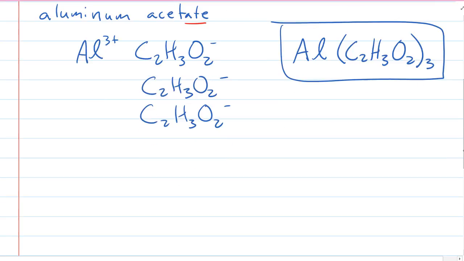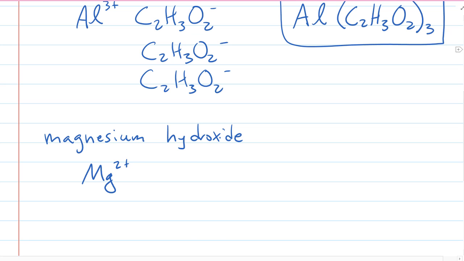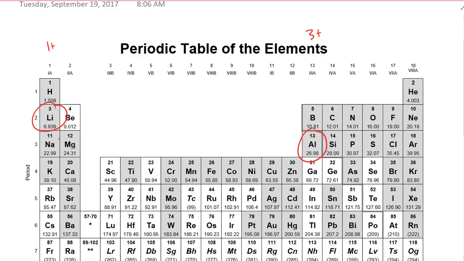Okay, let's do the next one here. Let's try magnesium hydroxide. Charge in the magnesium ion is how much? 2 plus. And of course that's because everything in group 2A has a charge of 2 plus.